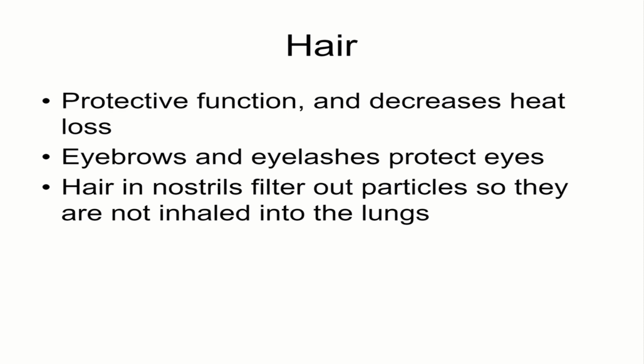And in the eyelashes and eyebrows and nostrils, it prevents particulate from getting to those very sensitive structures. Specifically in the case of your eyebrows and eyelashes, it protects the eye itself from particulate getting close. And in the case of the nostrils, it helps filter out particulate before it could get to the very sensitive structures of the lungs.